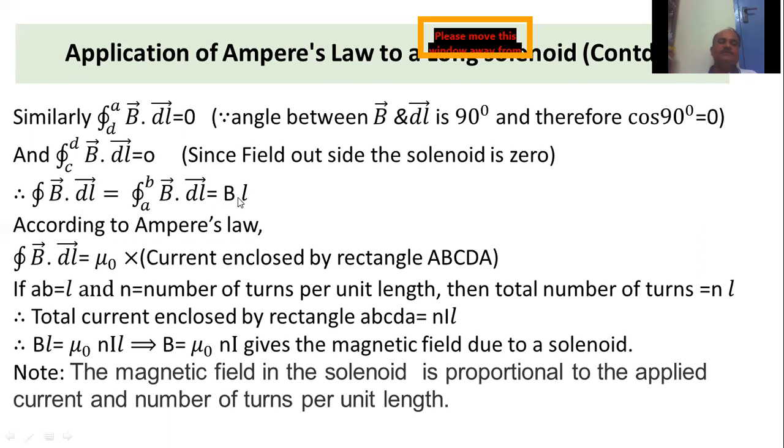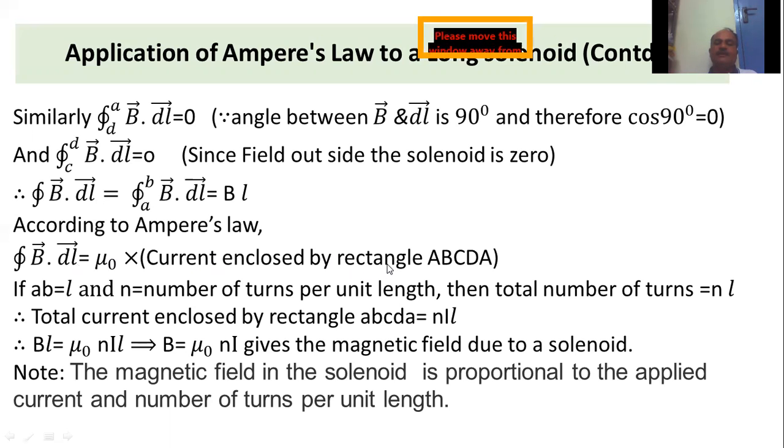The net magnetic field contribution from this rectangular path is only B into L. Then, according to Ampere's law, the closed integral of B dot dl is equal to mu naught times the current enclosed by the rectangular path ABCDA.